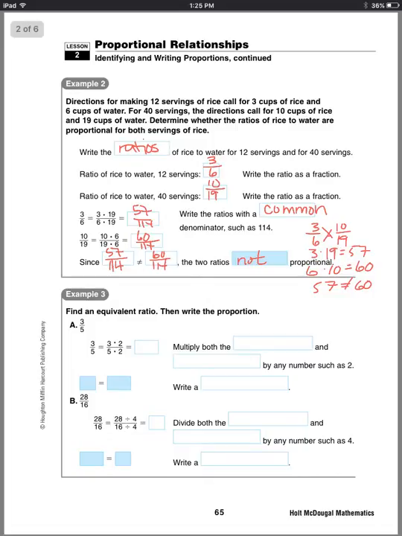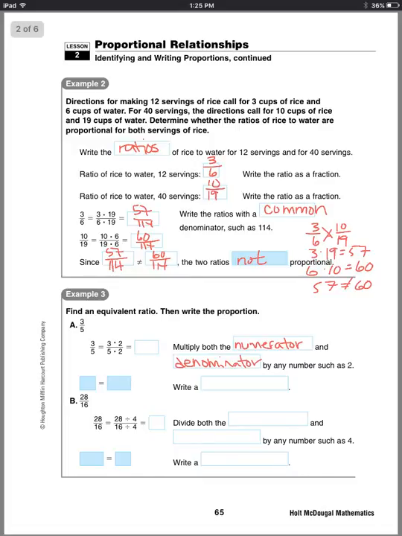Anytime you are finding an equivalent ratio, all you have to do is multiply the numerator and denominator by any number such as 2. You cannot multiply them by 1 because that gives you the same exact fraction.